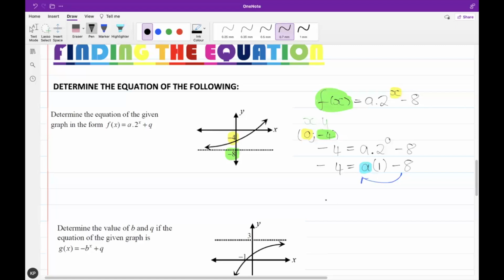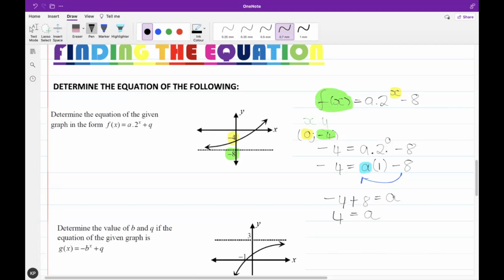It becomes positive. So I have -4 plus 8 is equal to a times 1, which is just a. So then what is -4 plus 8? That is equal to +4.